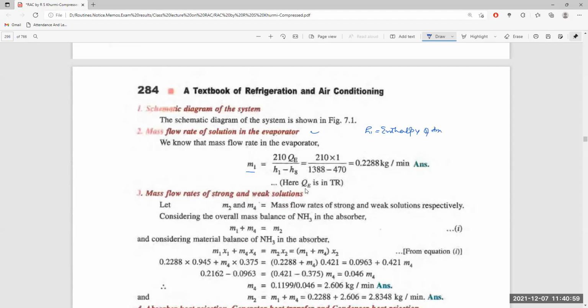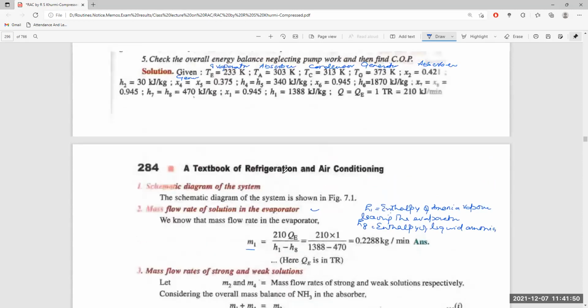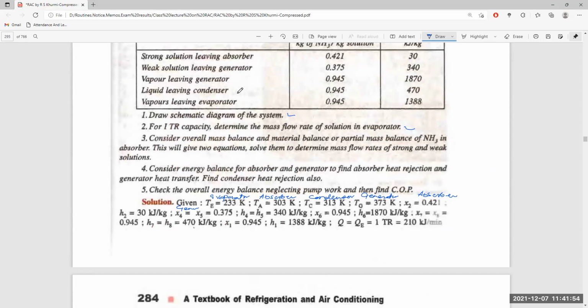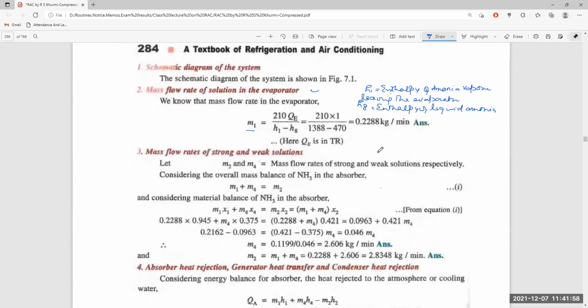H1 is the enthalpy of ammonia vapor leaving the evaporator, given by 1334, and H8 is the enthalpy of liquid ammonia leaving the condenser, as well as leaving the expander.